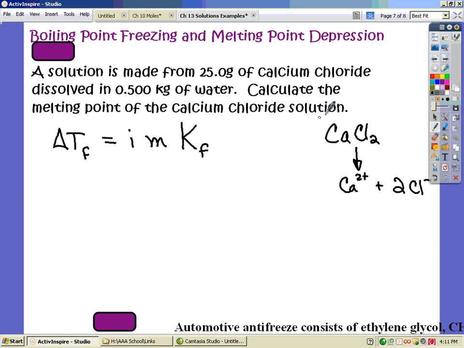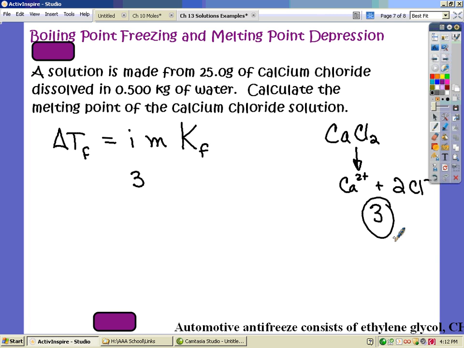Or this one piece is going to break up into 3 pieces. That is where our Van Hoff factor comes in. So for the Van Hoff factor, I'm going to use 3. The Van Hoff factor tells us how many pieces the ionic substance dissociates into, how many ions it dissociates into.